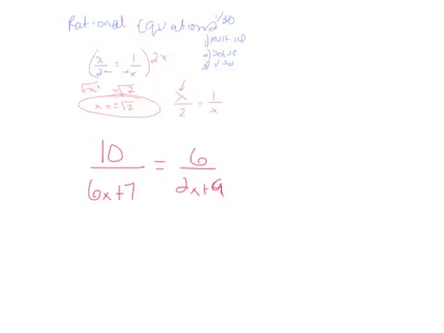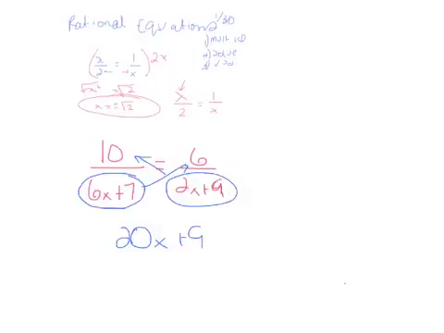How many of you remember the cross product? Essentially, if you're dealing with just a basic proportion, you take the denominator of the right and multiply it by the numerator of the left side of the equation, and you take the denominator of the left side and multiply it by the numerator on the right side. That would give you 20x plus 90 is equal to 36x plus 42.